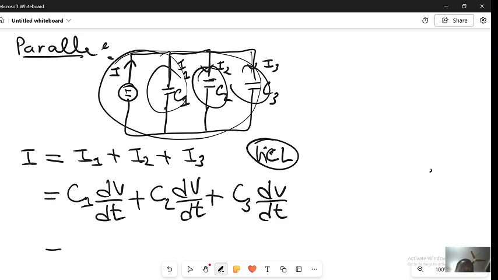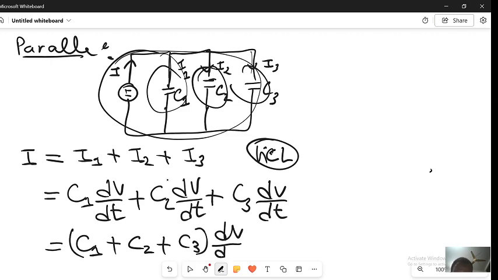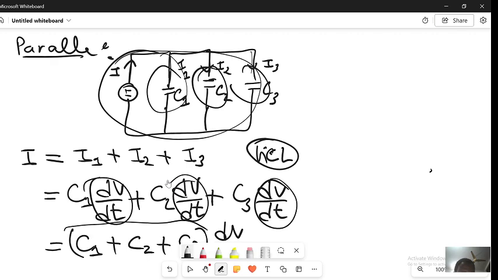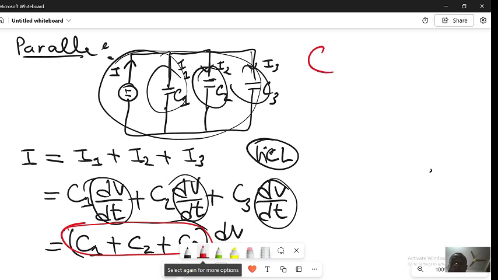So finally I will have C1 plus C2 plus C3 times dV/dt. Because the same factor is repeated, I can factor it out. So this one is going to be my equivalent capacitor. Meaning that the equivalent capacitor, C equivalent, is going to be equal to C1 plus C2 plus C3.